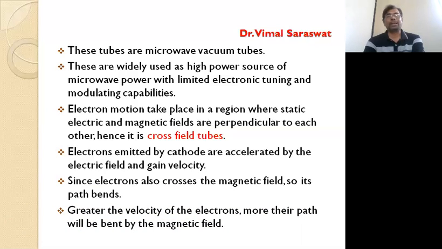As the velocity increases, the bending of the electron beam by the magnetic field also increases. It means the greater the velocity of the electrons, the more their path will be bent by the magnetic field, because electric force and magnetic force are both perpendicular to each other.